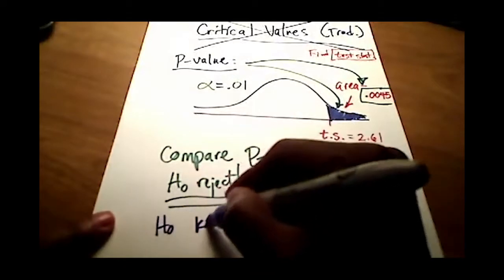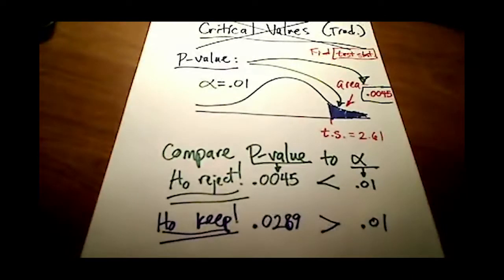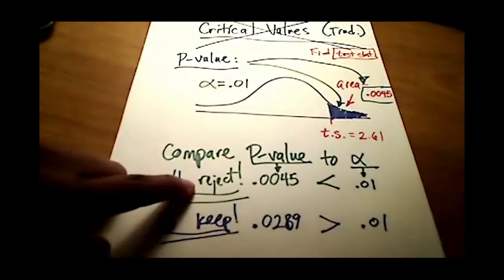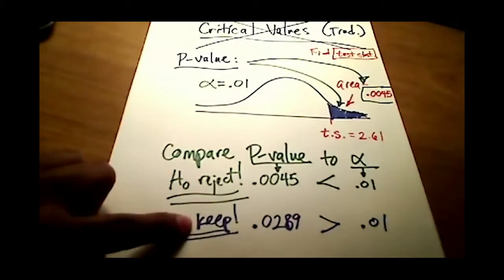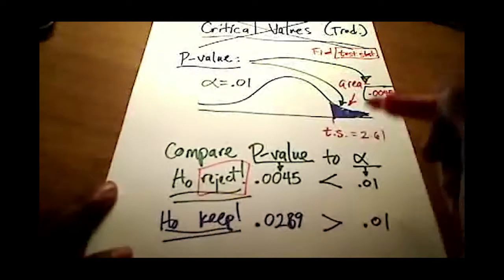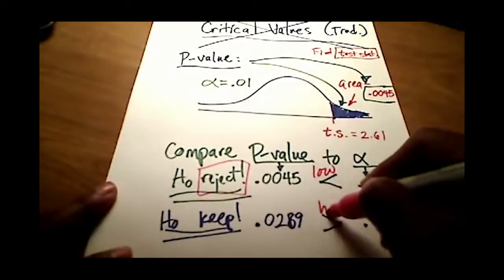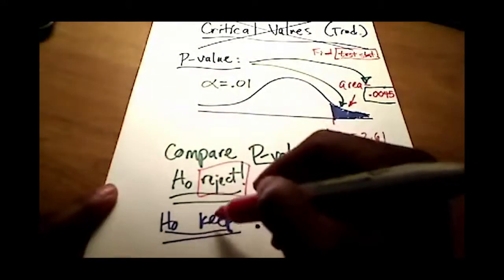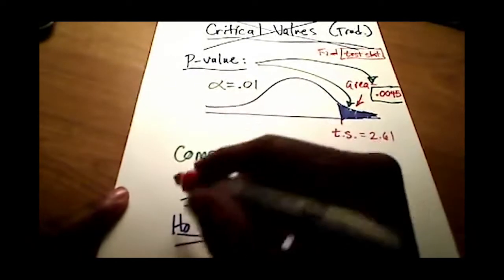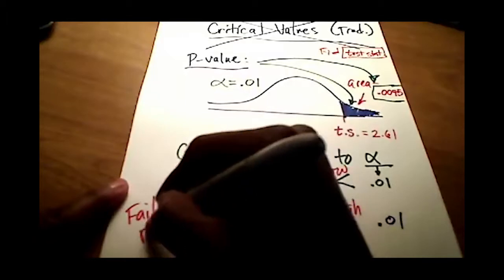So we're going to keep the null hypothesis. Hypothesis testing is all about the null. We either reject it or, in my case I put keep here, but technically the term is we fail to reject. So we reject if the p-value is low, and if the p-value is high, then the null must fly. What we're really doing is failing to reject.